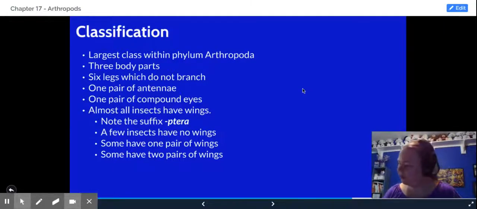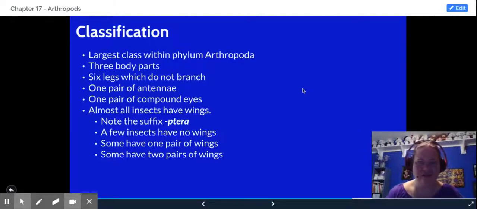And on page 342 and 343, it talks about the different orders of insects. If they have no wings, they're Aptera, okay? And if they have 1 pair of wings, that's some groups. If they have 2 pairs of wings, that's other groups, okay?